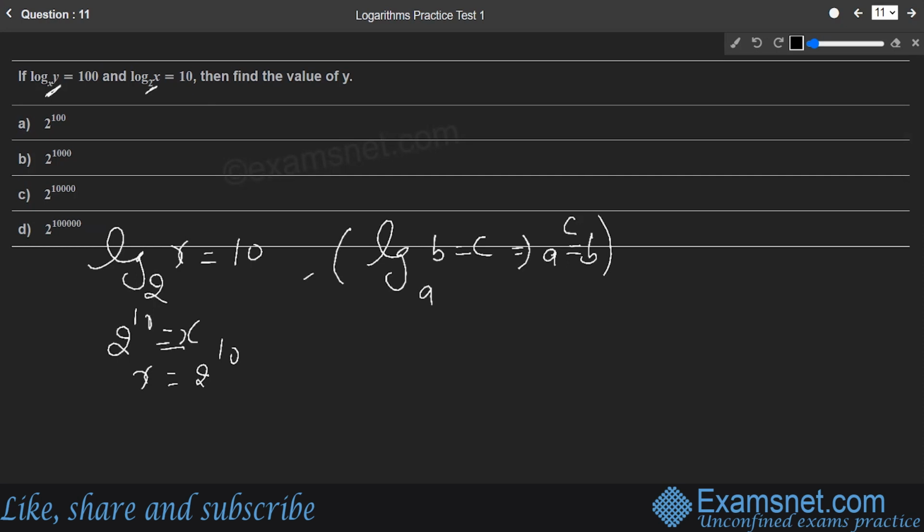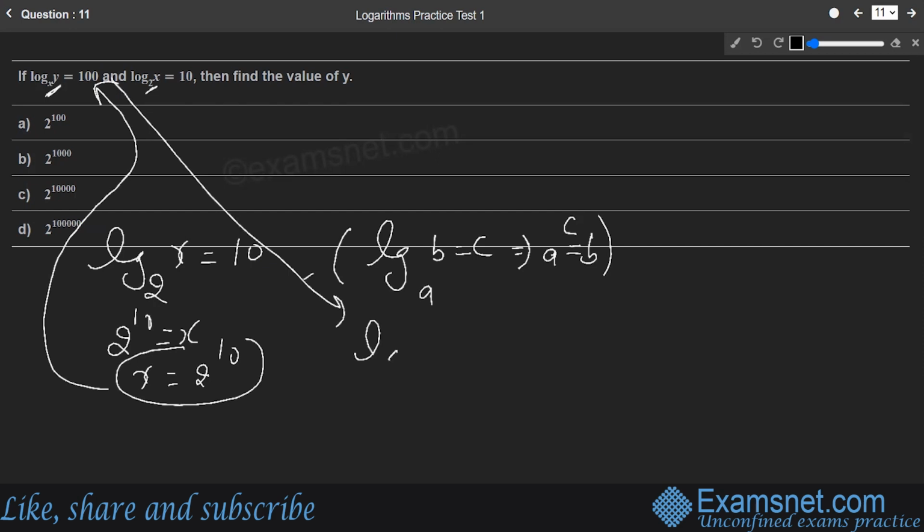Now let us use this x value in the other expression. The expression is log base x of y is equal to 100.